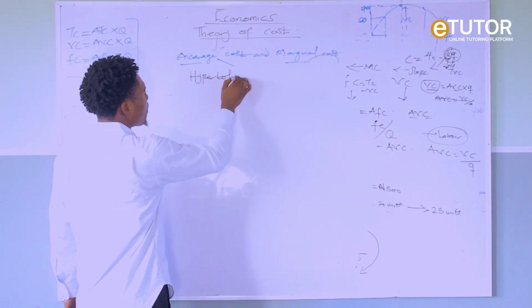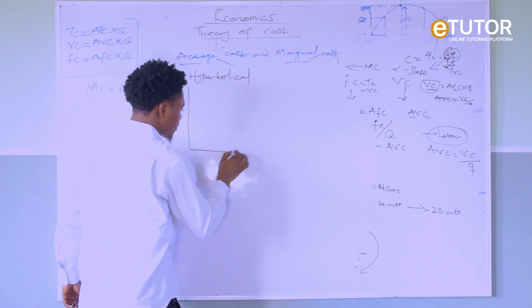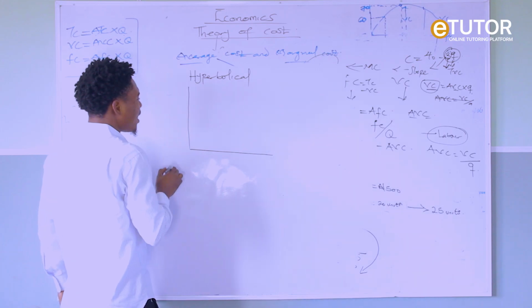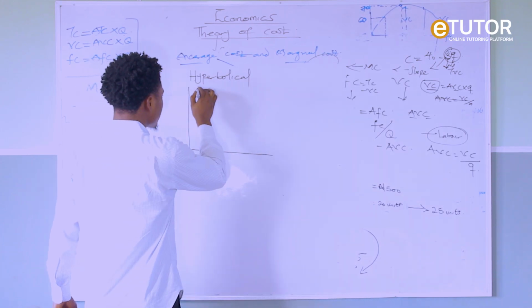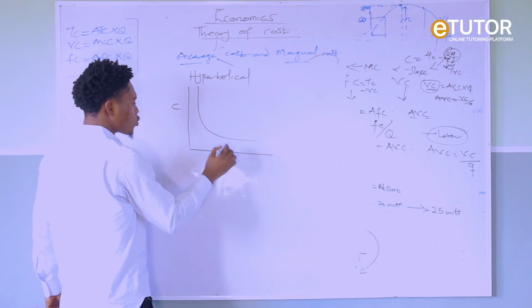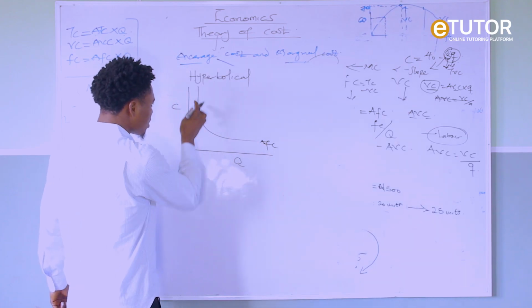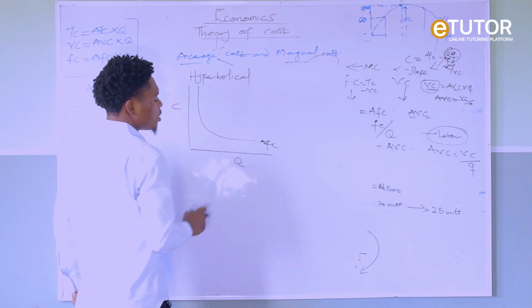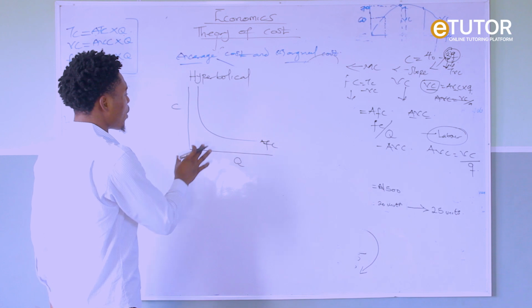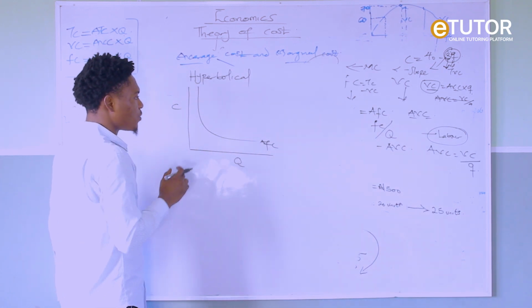You will see something like this. Now it must show that immediately quantity increases, the cost begins to fall. So as quantity increases, cost begins to fall. So this is our average fixed cost. That's the graph for our average fixed cost.